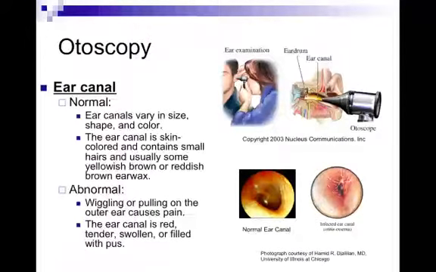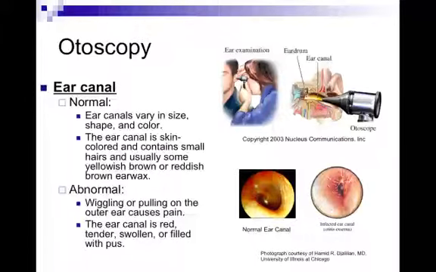So what we're looking at is the overall size, the shape, and the color of the ear canal. The ear canal should be skin colored, and we do expect to see some hair follicles and wax. But if the ear wax or cerumen seems to be excessive, we might want to make a recommendation for a lavage, where they try to remove the ear wax prior to continuing with the patient.